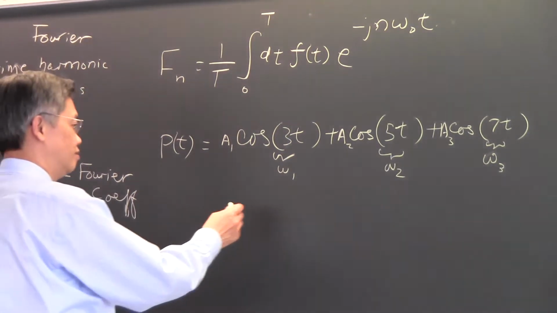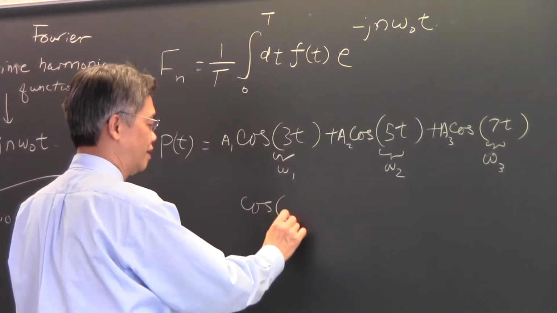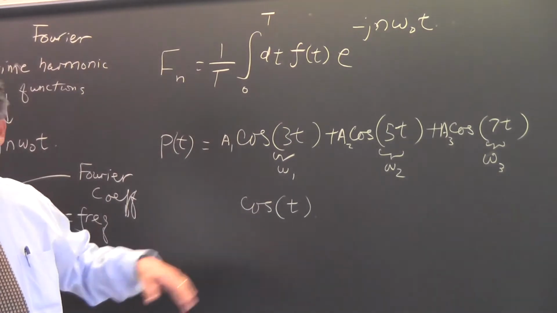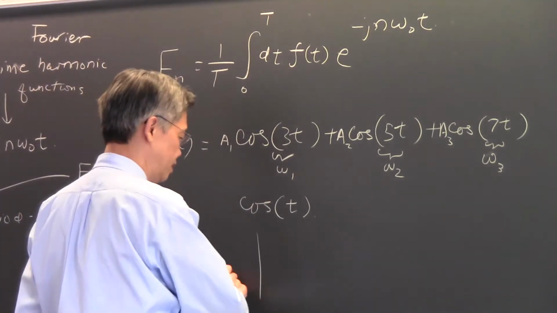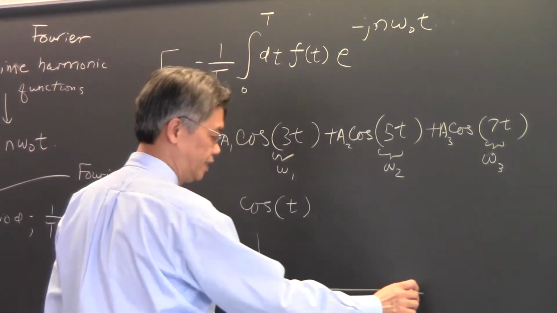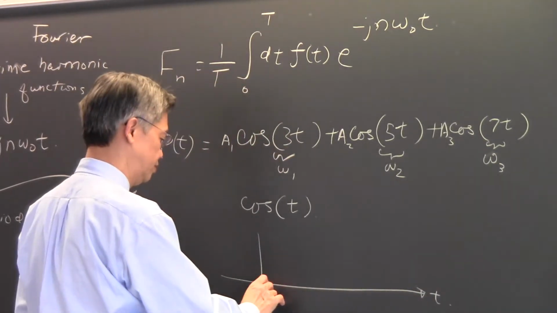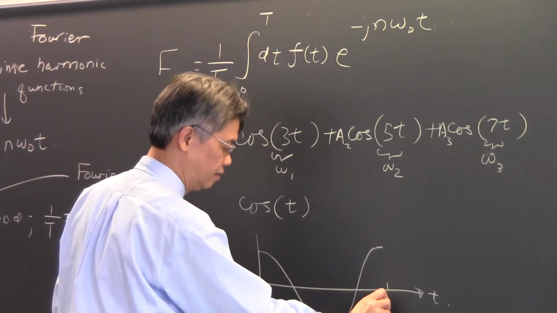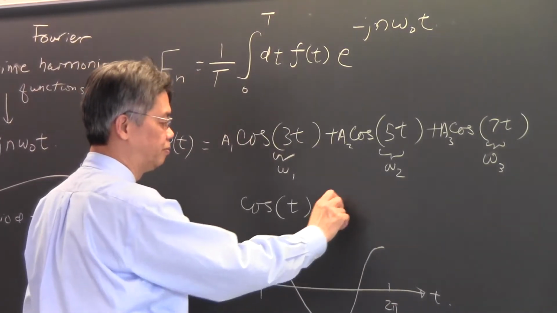So if you look at this fundamental frequency, this thing is periodic. This is periodic when t goes to 2 pi, right? So this function is 2 pi periodic.